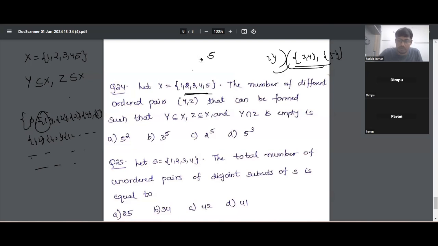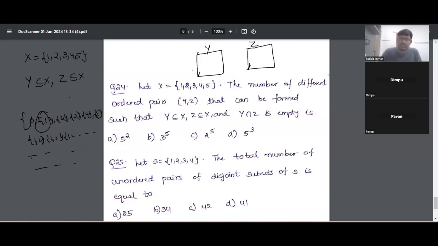Now how do we count this? That's the important question, right? Now the thing is, I have to form 2 sets, Y and Z, such that there is no common element between them, right?